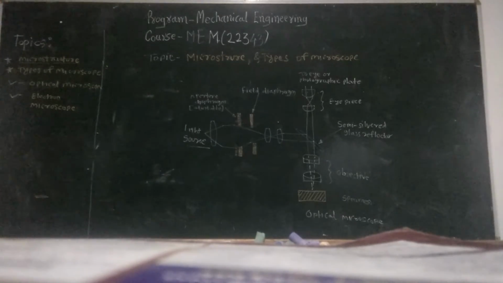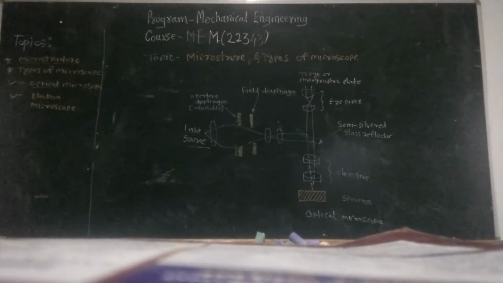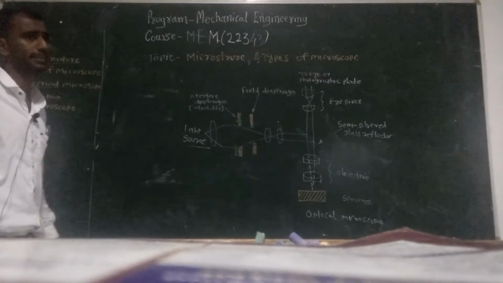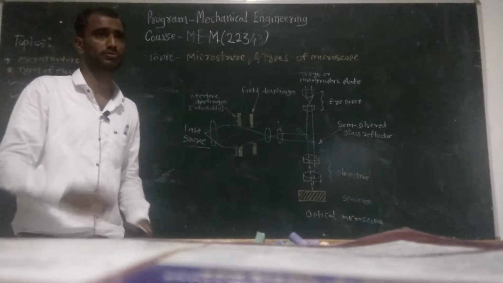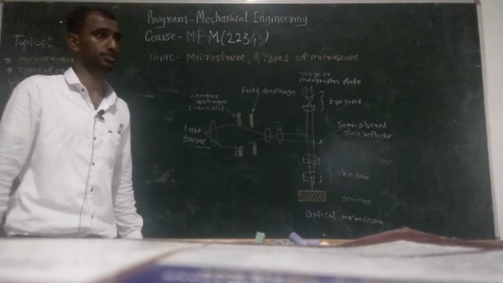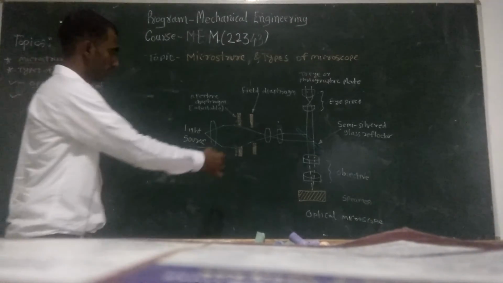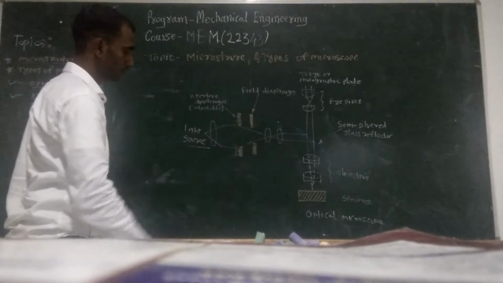Okay. Now, in optical microscope, as its name indicates, optical, we are going to use a light source, okay, to study the microstructure. Now, this is a diagram, okay, of the optical microscope.